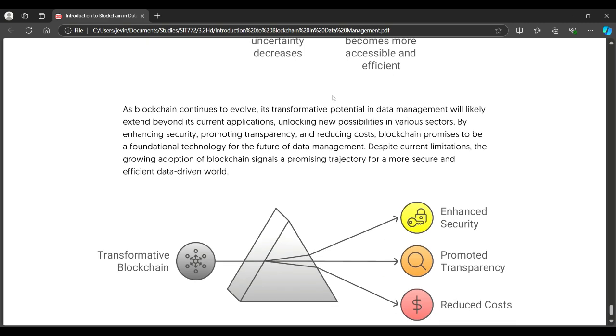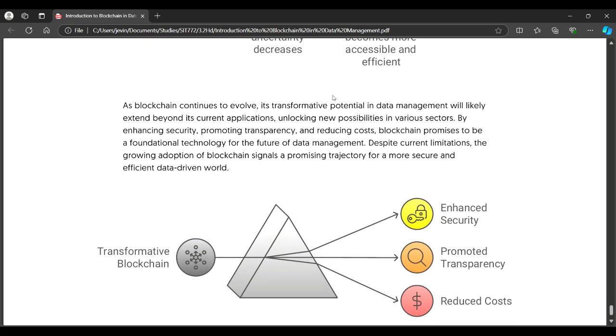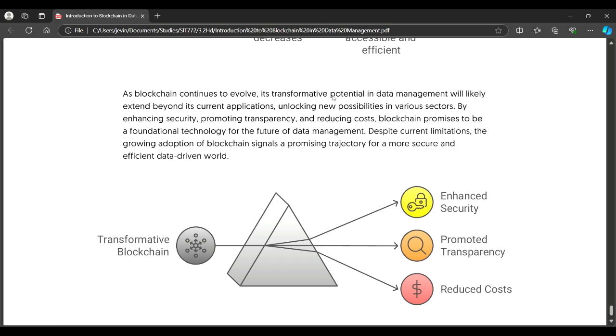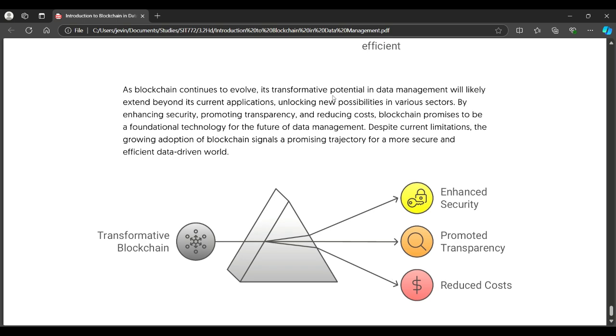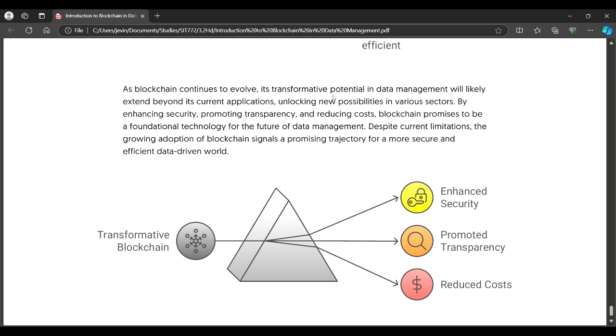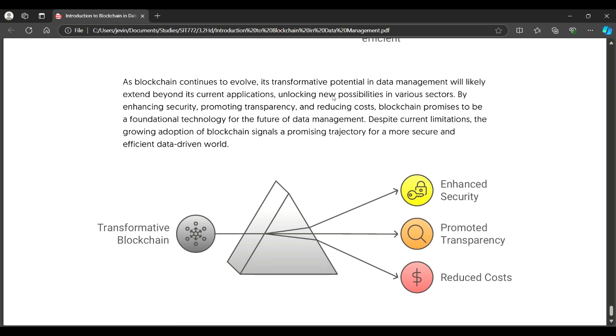It should evolve with reduced cost, where every small scale business can also use this technology, and it should come out of the current limitations and adopt growth, which signals a promising trajectory for a more secure and efficient data driven world.